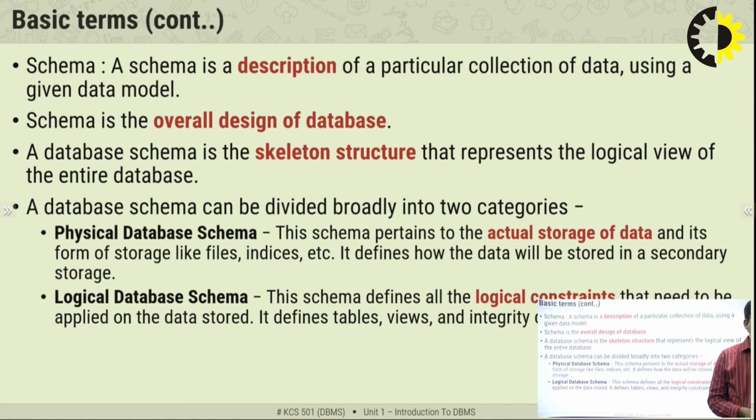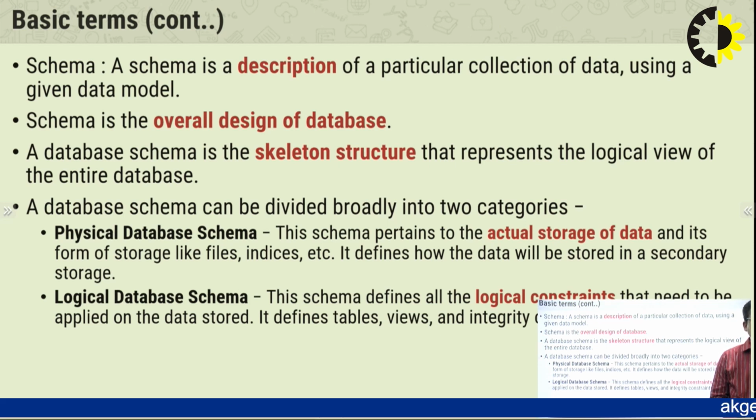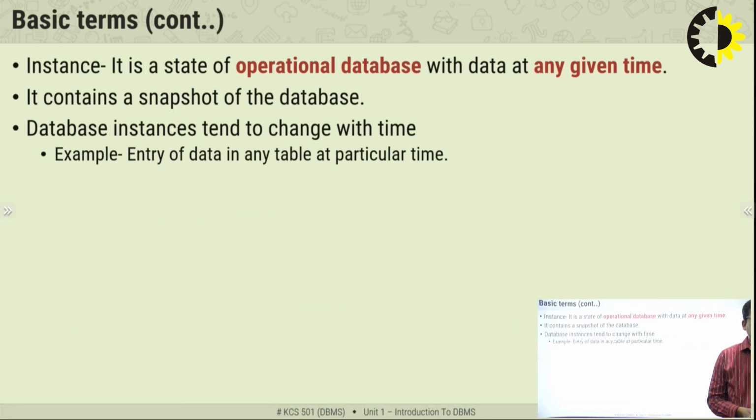There are two types of schema. One is physical database schema, another is logical database schema. Physical database schema is used at the physical level, whereas the logical database schema is used at the logical level. Instance is the value of the database at a particular moment of time.